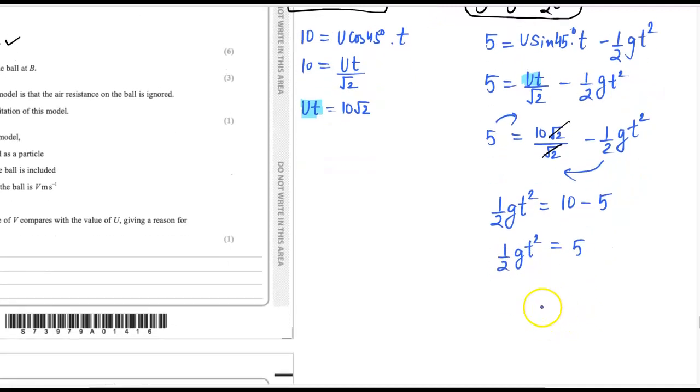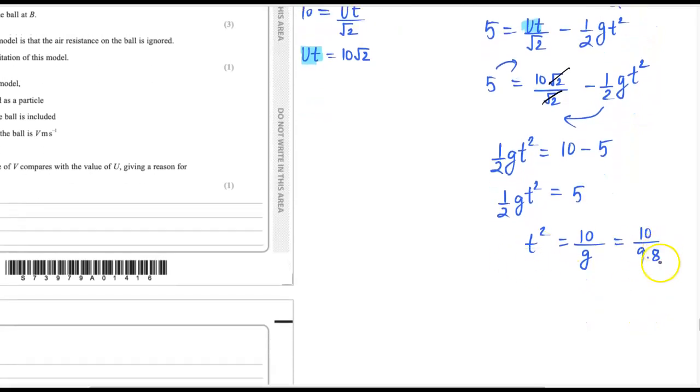From here, t squared would be 10 over g, which is 9.8. So t squared is 10 over 9.8. If we try finding the value of t, we're going to be getting the square root of 100 over 98.